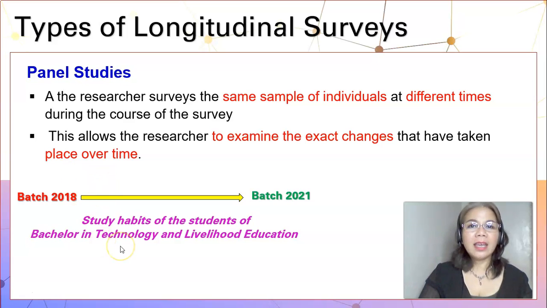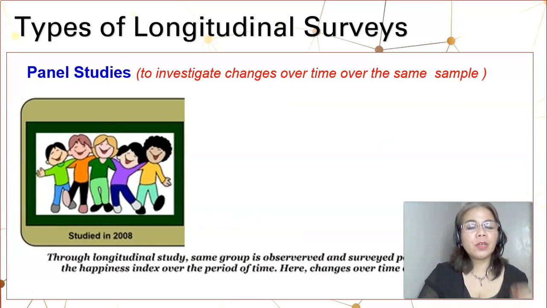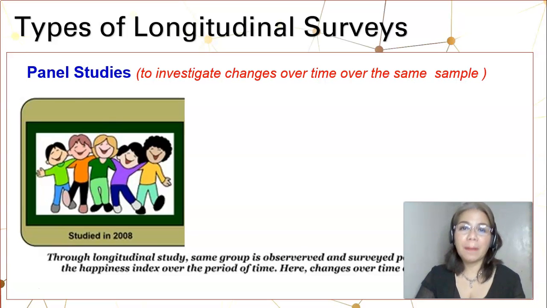Here is another example of a panel study for us to better understand the concept of this design. For example, you are interested to investigate the changes over time over the same sample.